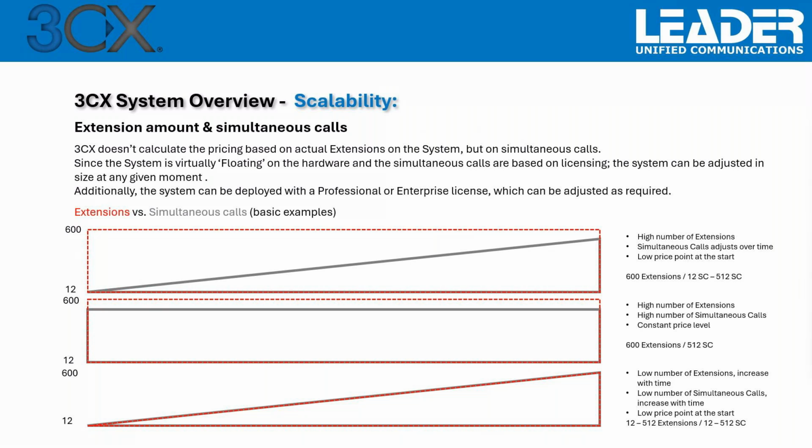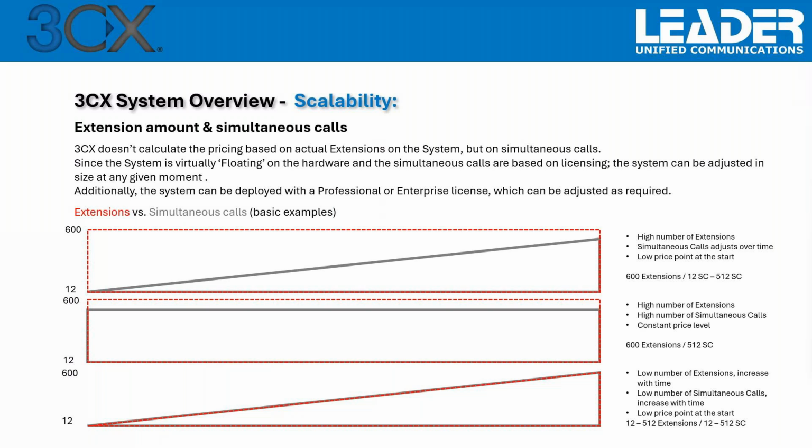Yeah, so that is also something that is included, but in the end, we are really running very, very scalable there. We are very free based on the licensing. And of course, the amount of extensions is something where we are, in the end, not limited by the system.